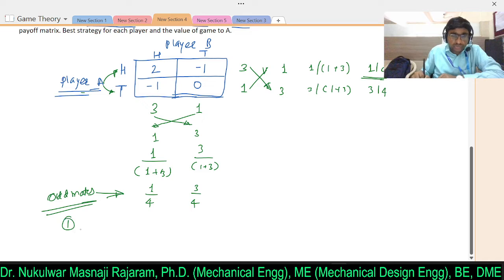Now we need to evaluate the optimum strategy for the value of the game. Here you can use different oddments. You can use oddments of A, or you can use oddments of B also. So I will use oddments of A. Now if you use oddments of A, then use the strategy of B. You can either use strategy of B head or tail. So I will say B plays head.